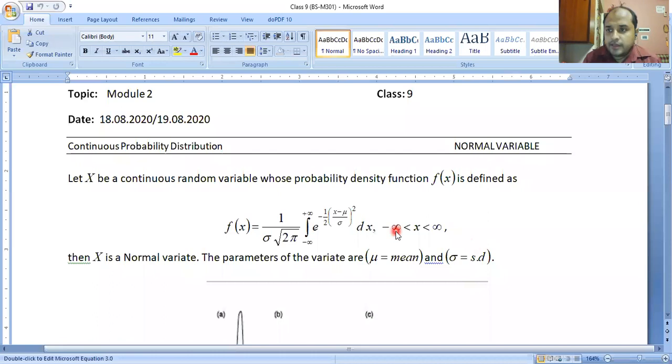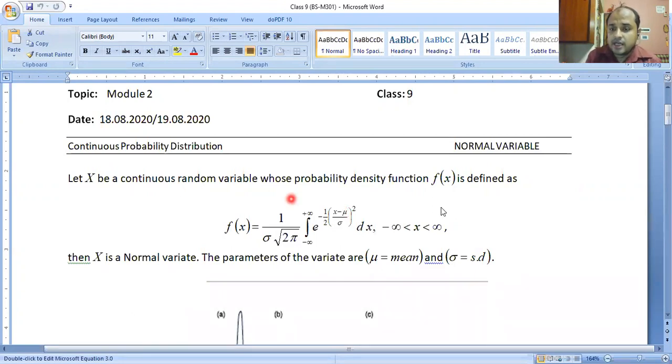So this is the probability density function, and if the probability density function is of this form, capital X is said to follow the normal variate or normal variable. This normal variable has two parameters, just like binomial and Poisson have two parameters, but binomial and Poisson are discrete cases.